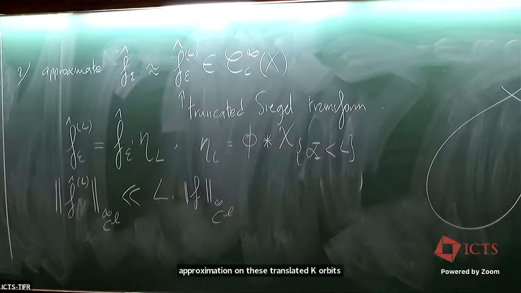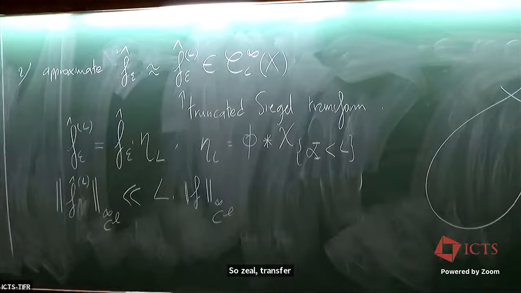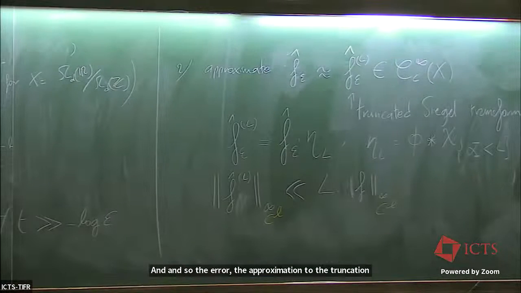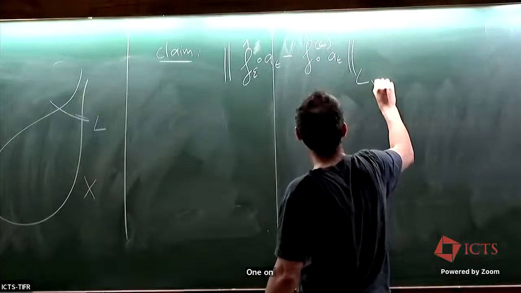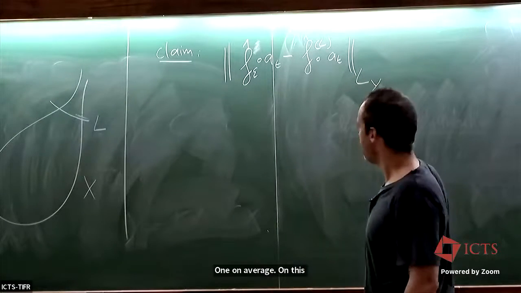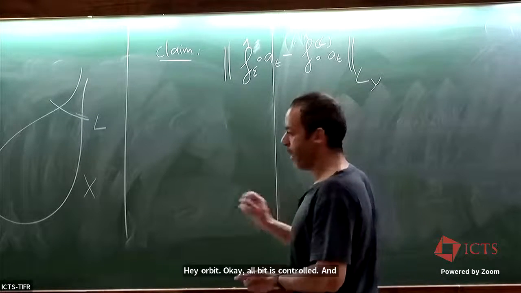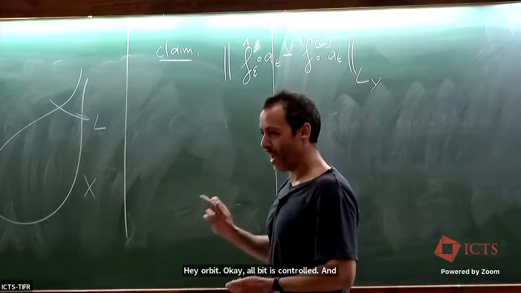So the error of the approximation of the Siegel transform by its truncation, on average on this translated K orbit, is controlled. And here I really need to have better than L1.